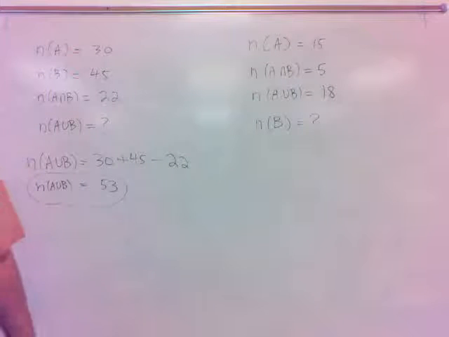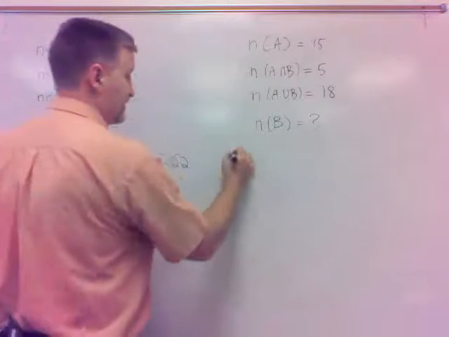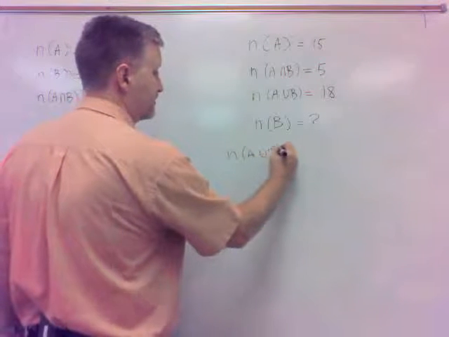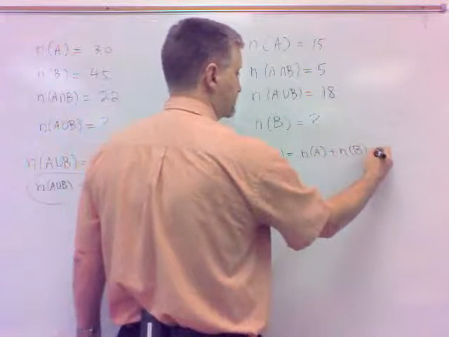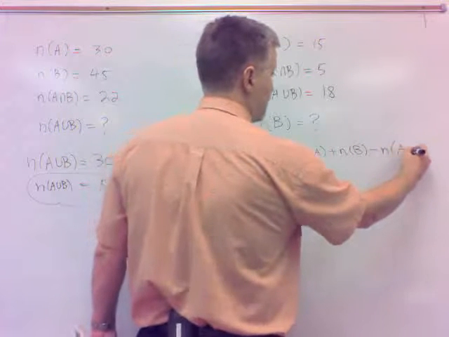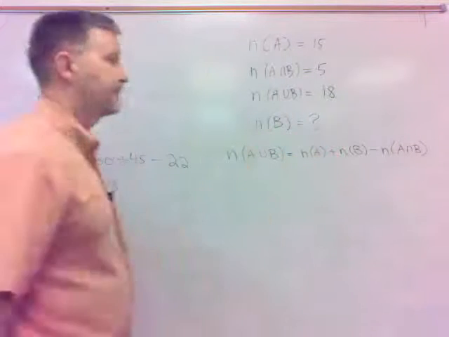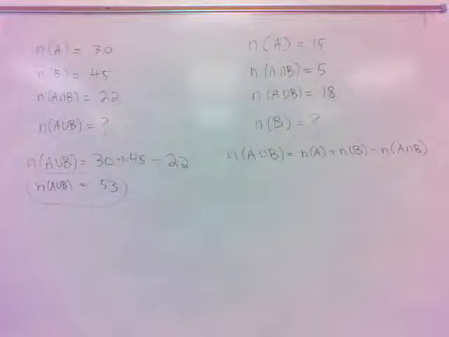It turns out in that formula, we're still going to use the same formula: the number in A union B equals the number in A plus the number in B minus the number in A intersection B. I'm still going to use that formula. I just have different parts given to me.